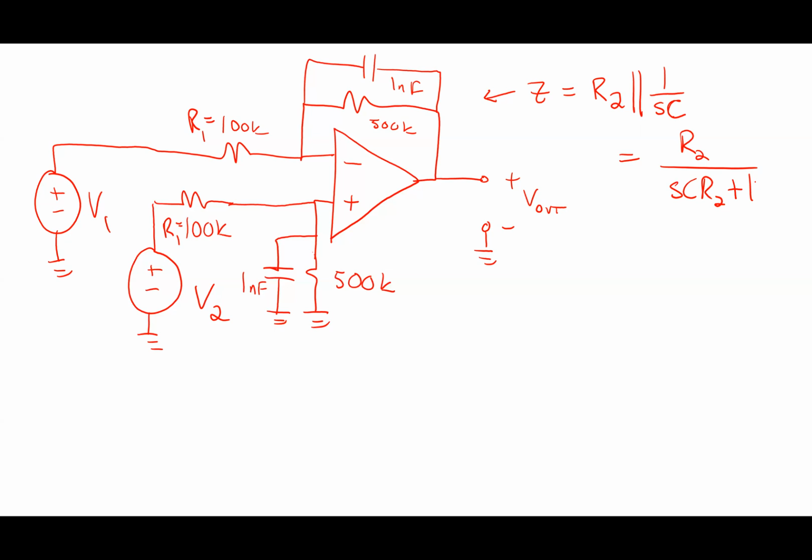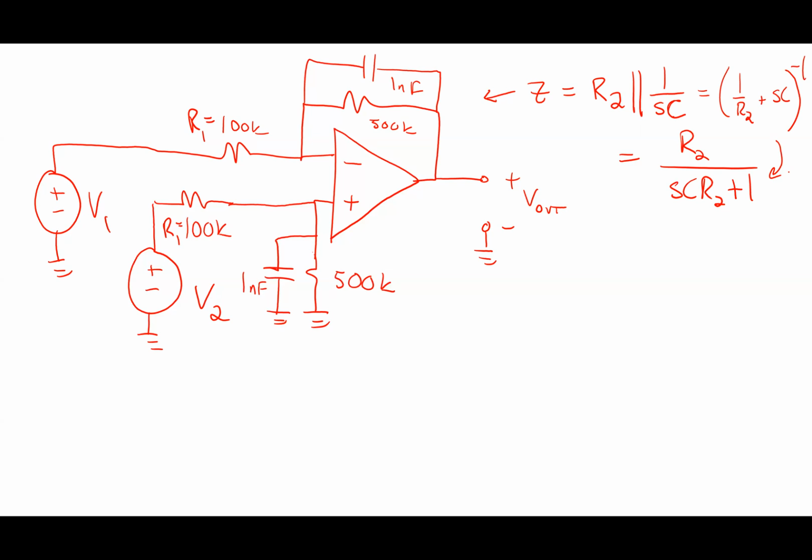How would I have done it if it's a parallel combination? 1 over the resistance plus 1 over the impedance of the capacitor, all raised to the -1 power, with a common denominator. That would end up being this. You should be able to see how to do that.